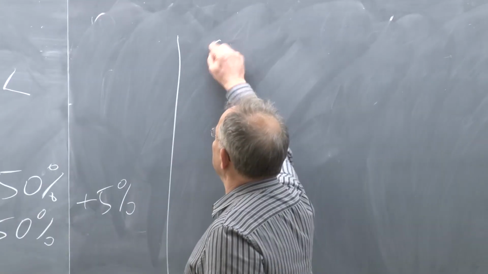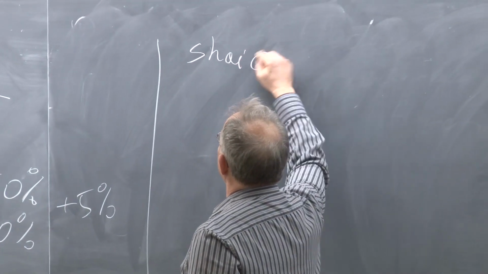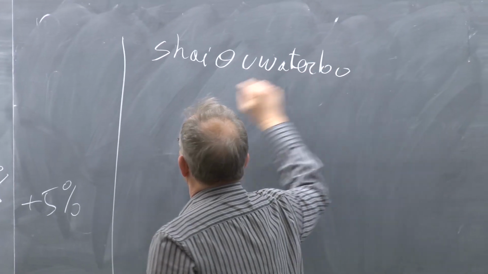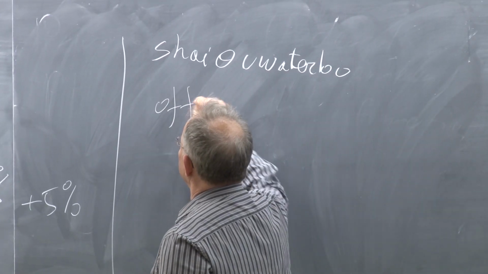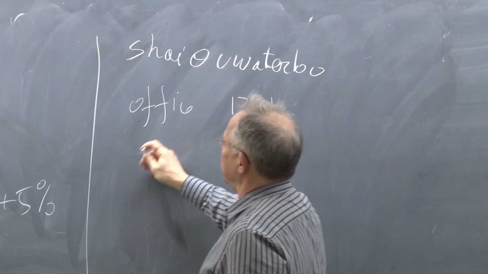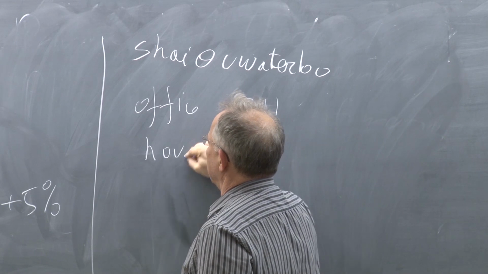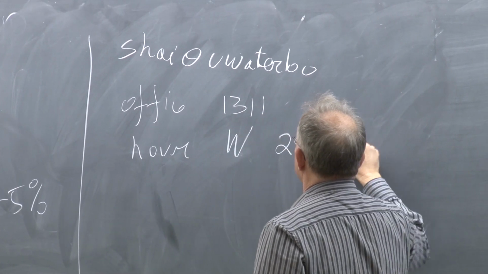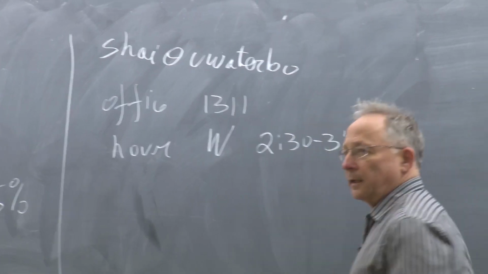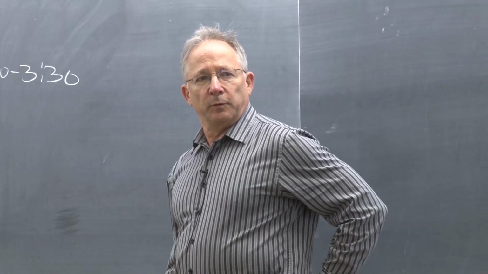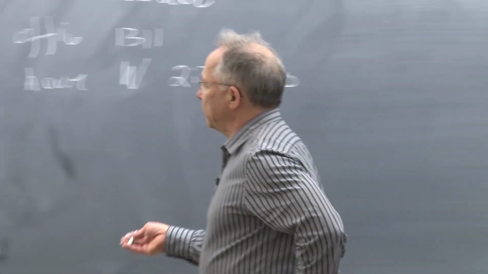My email is shai@Waterloo. My office is 1311, and the office hour is going to be Wednesday right after the class. We are going to have 2 TAs.